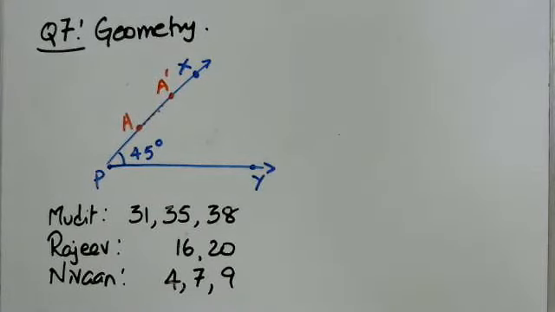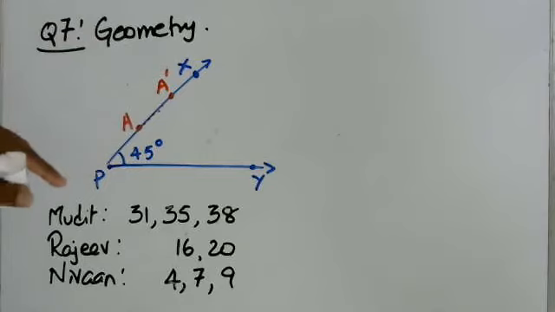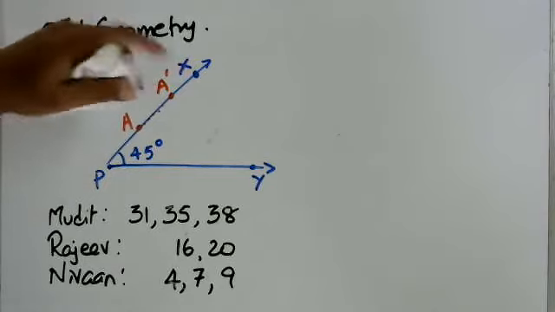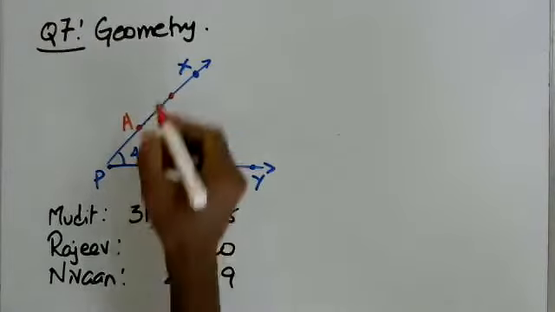That means that A has come to a new position, A prime. But they are not using that geometry notation, they are calling it B, so don't be confused. The reason why I introduced this idea is because you should understand that it is point A which has moved to point B. Okay, so I'll stick with what is stated in the textbook.